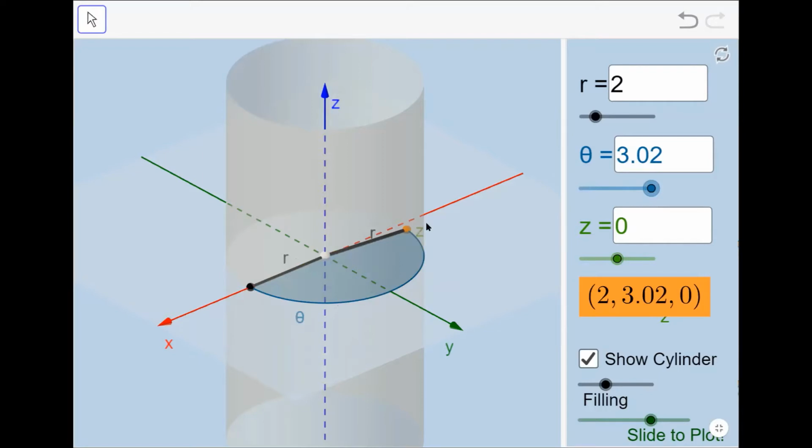If z is not 0, if z is another value, take it 4.